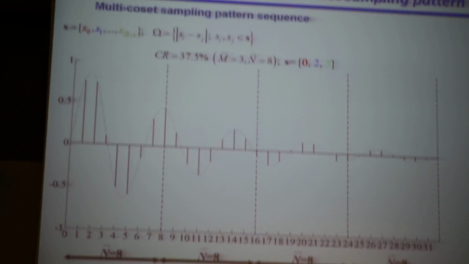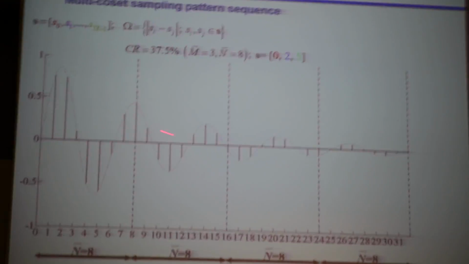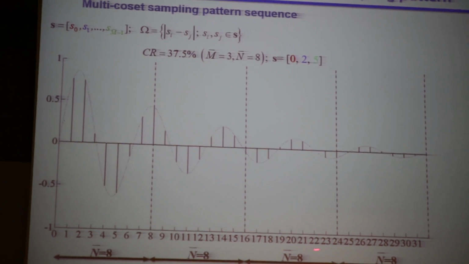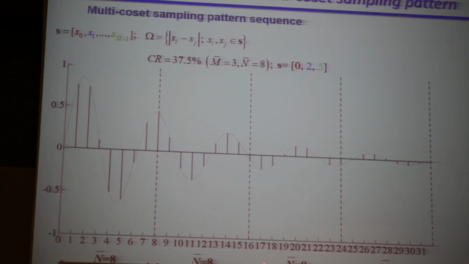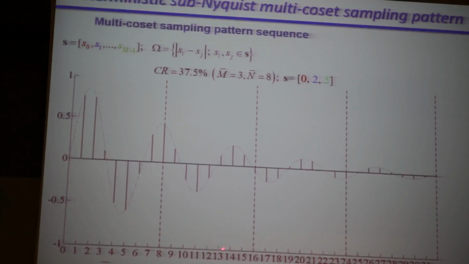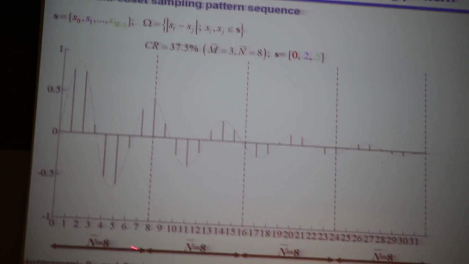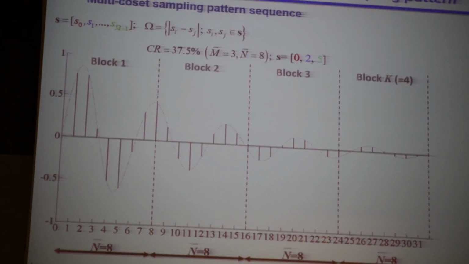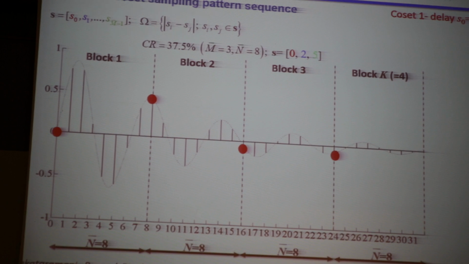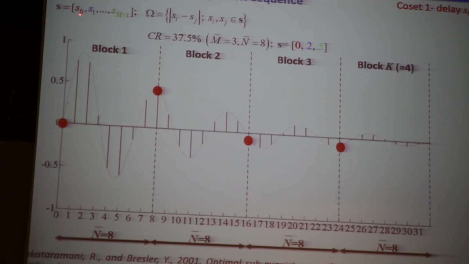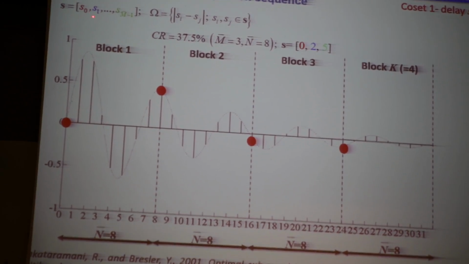If this is the Nyquist grid of samples, we are dividing our discrete time signal into blocks of length n, and within each block we are getting particular locations that are defined through the sampling matrix.